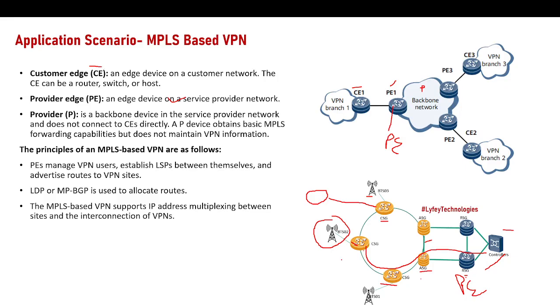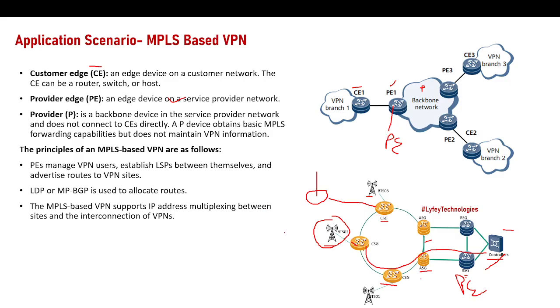Any other third-party device that is connecting to our IPRAN network, we see as a CE. So this BTS is a CE. This controller, they are all CEs, all customer edge devices. This enterprise customer is also a CE, the customer edge.